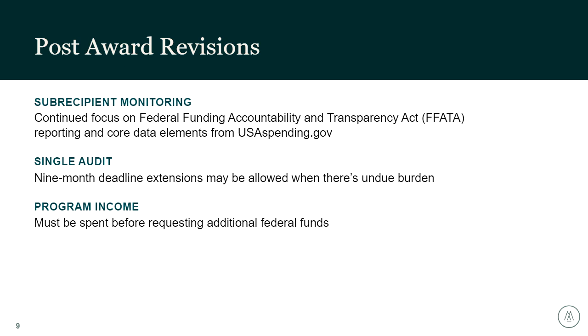Also, this is good news to a lot, but 9-month deadline extensions are now allowed when there's undue burden. So I'll reiterate that: undue burden. You're not talking about somebody leaving the organization or things like that. It's more of, hey, a hurricane went through and we lost all our data, or things like that.